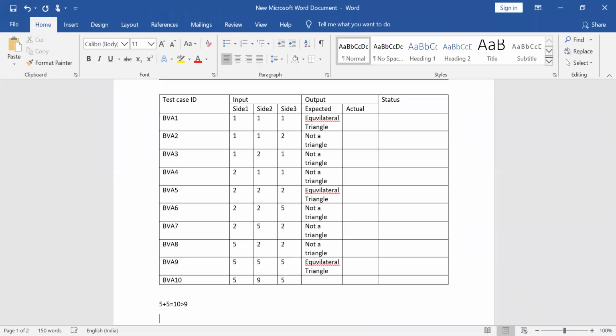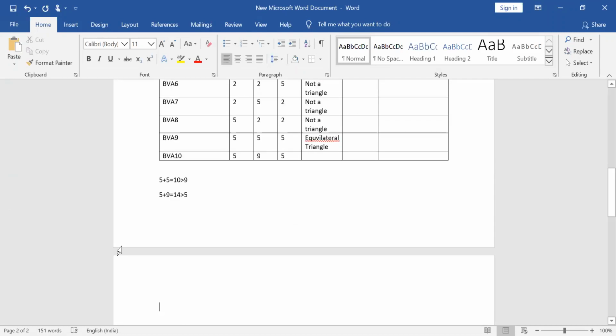First one is. Second one is 5 plus 9, which is equal to 14, which is greater than 5. The next condition is 9 plus 5, that is also equal to 14, which is greater than 5.